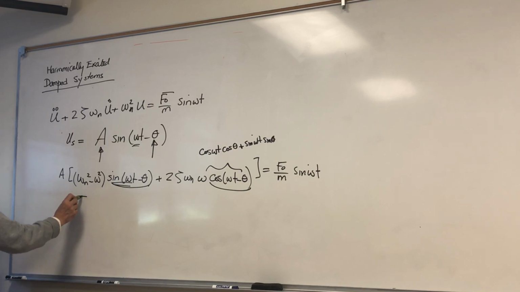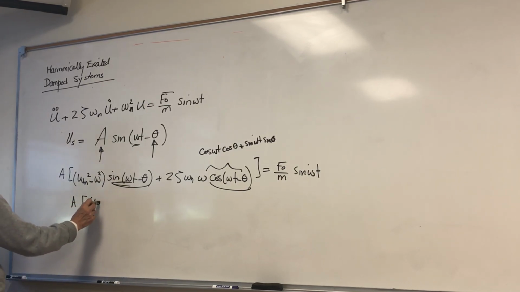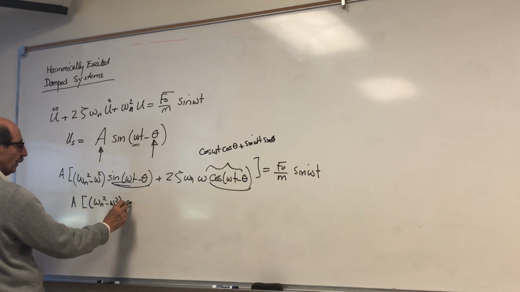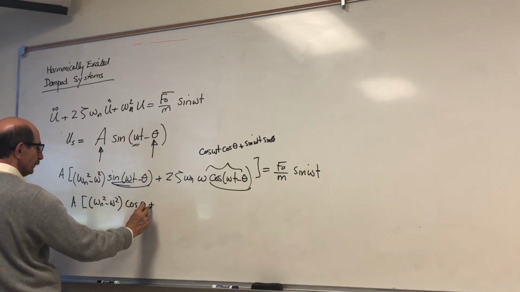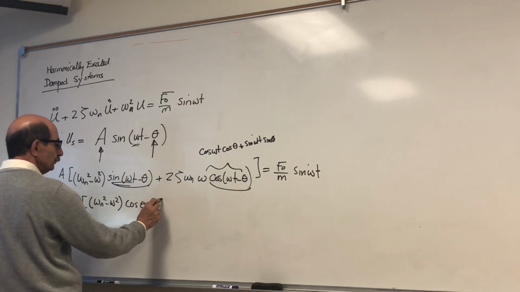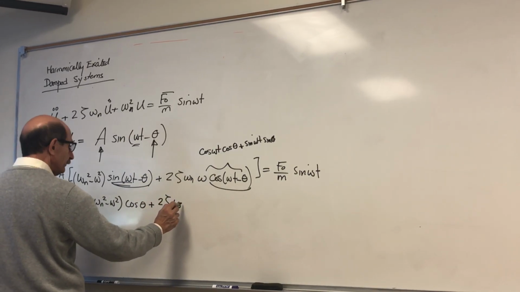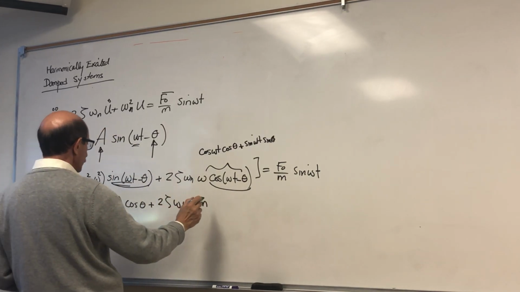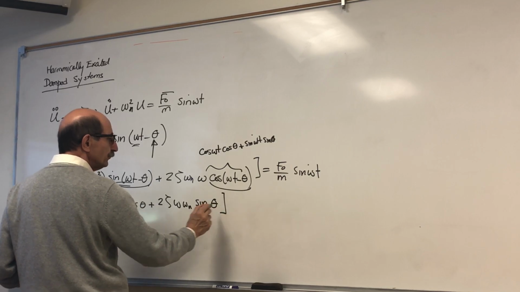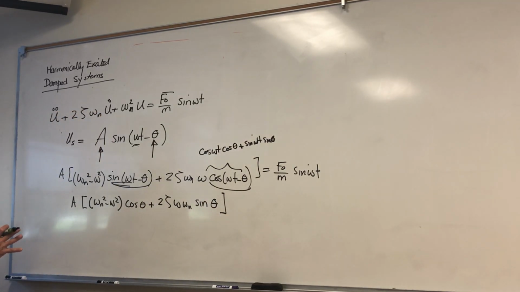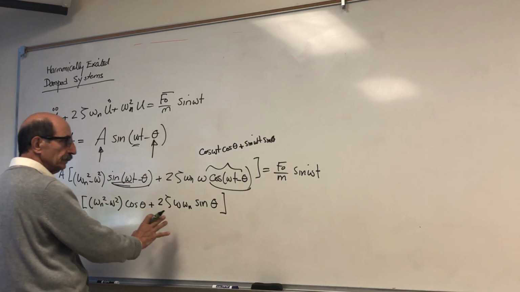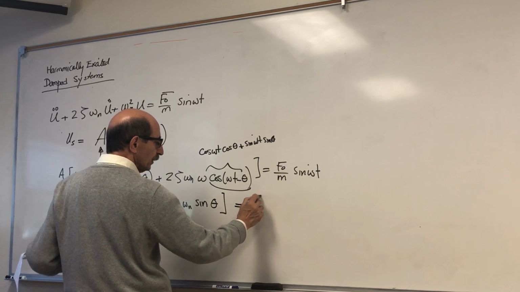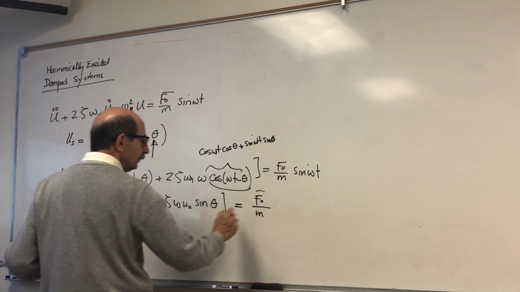You end up with A times (omega n squared minus omega squared) cosine theta plus 2 zeta omega n omega sine theta. This is going to be the coefficient of sine omega t, so it would be equal to the coefficient of sine omega t on the other side, so F0 over m.